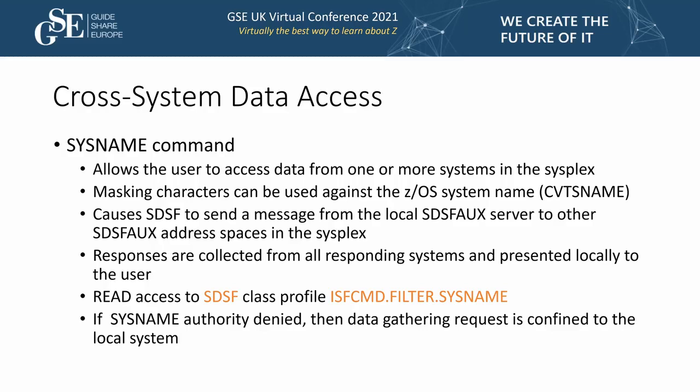What actually happens under the covers is this causes SDSF to send a message from the local SDSF server, SDSF address space, to other SDSF servers in the sysplex. And all the responses are collated back on your local SDSF server address space, and then presented back to the client. And so we can see responses from all those systems.